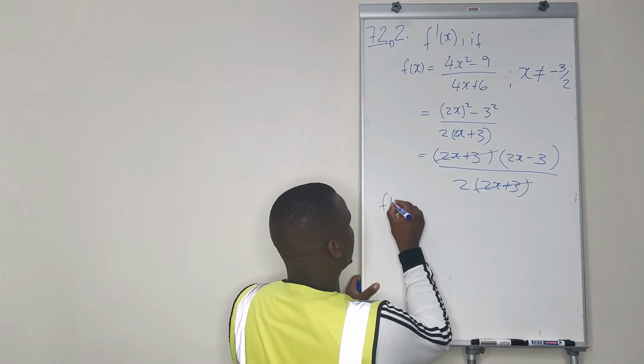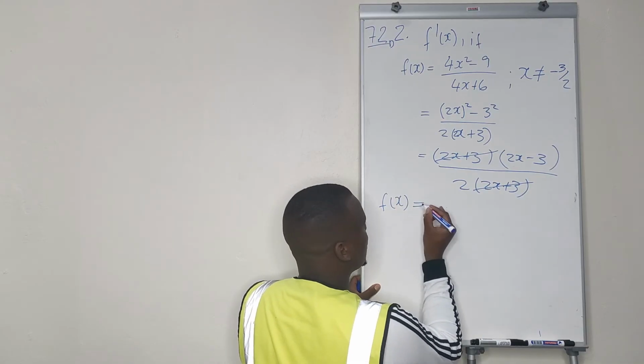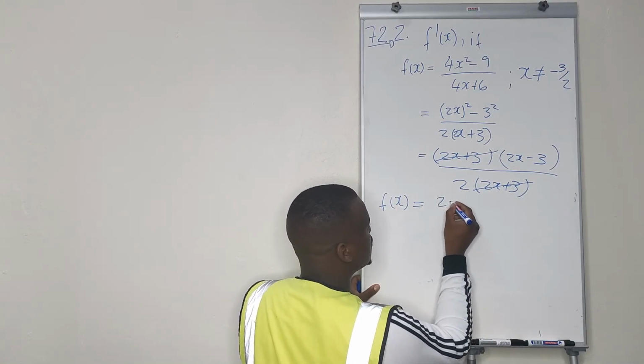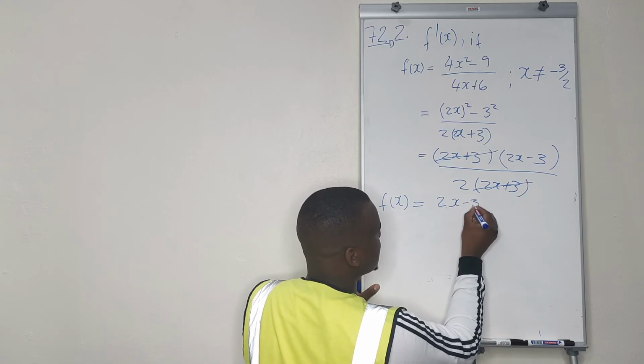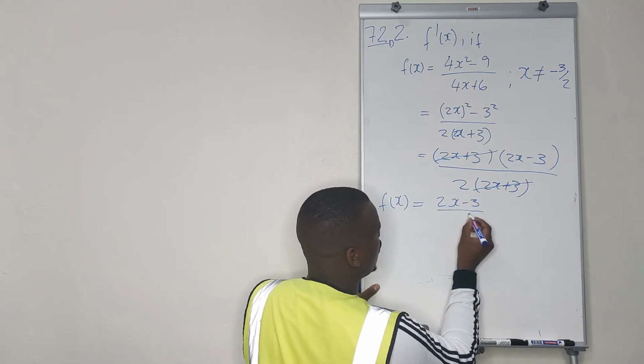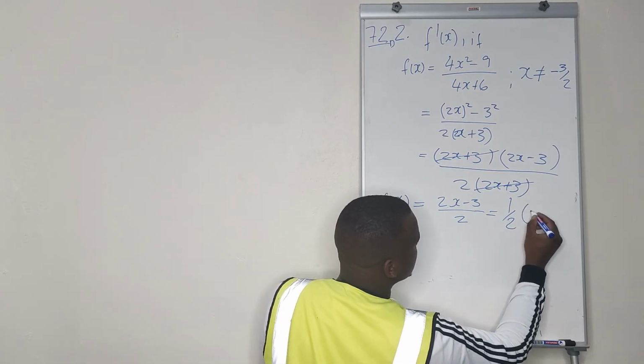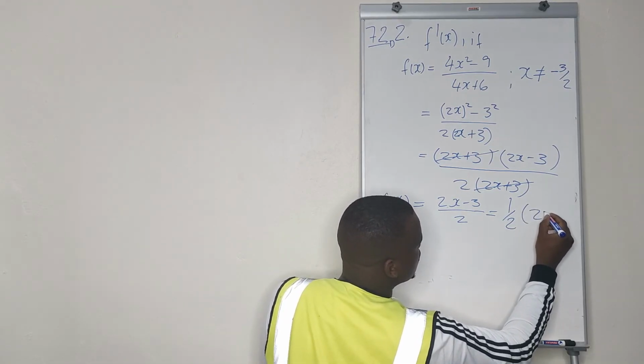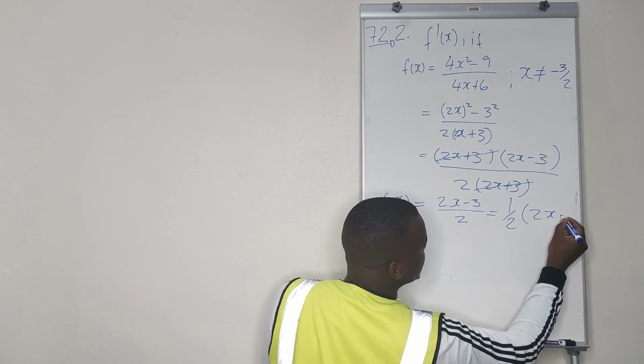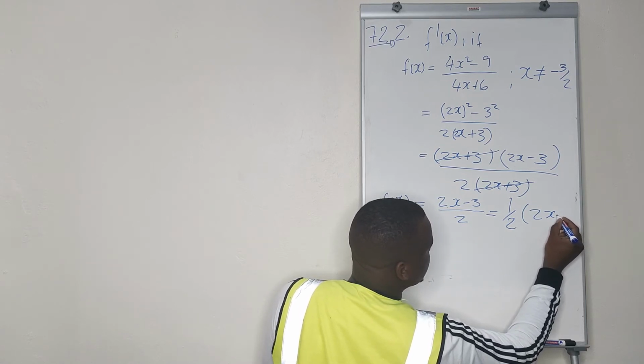We're left with f of x is equal to (2x minus 3) all over 2, which is the same as 1 over 2 into (2x minus 3).